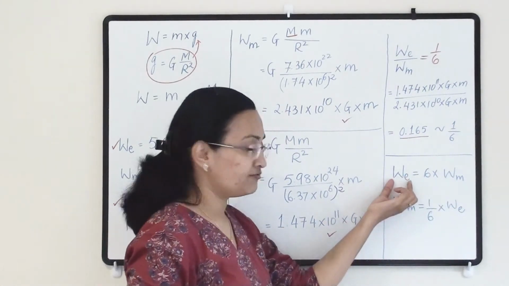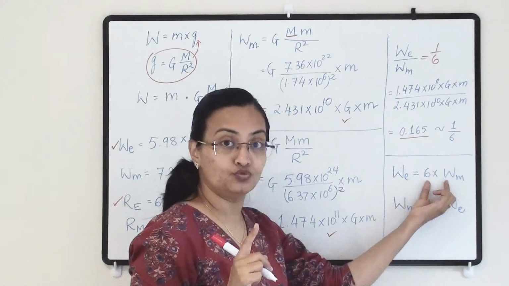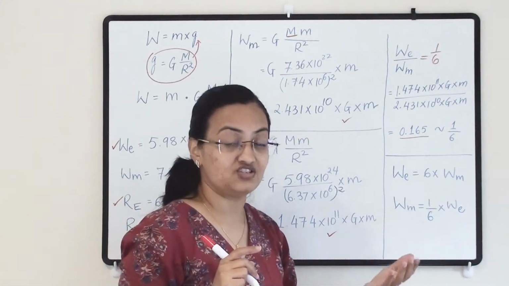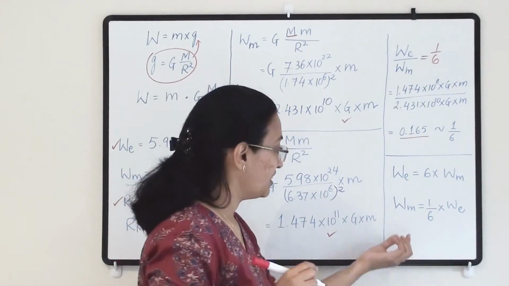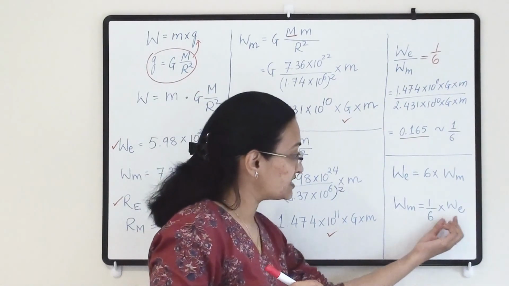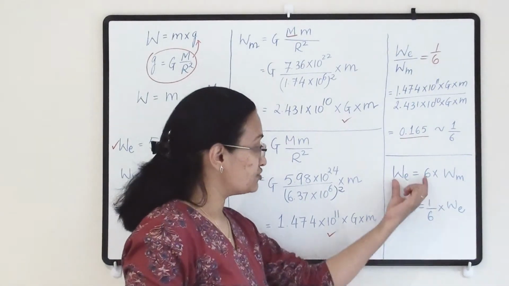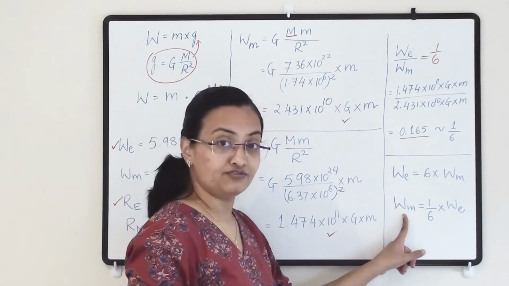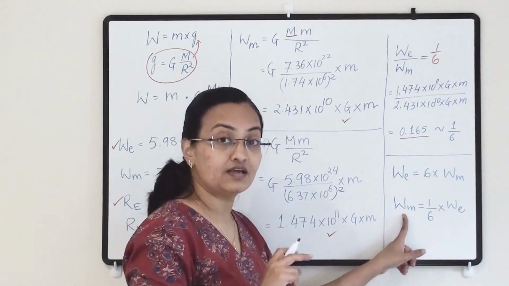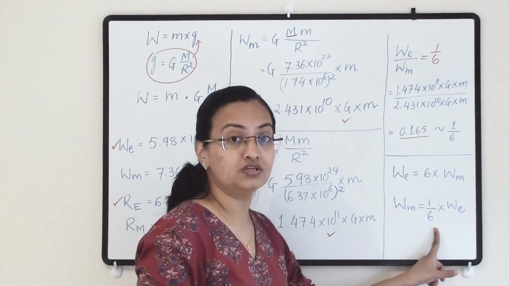For example, if the weight on the earth is 1 kg, then on the moon the weight will be 6 kg, 6 times higher. Here weight on the moon equals 1/6 into the weight on the earth. So both ways it is true that whatever weight, if there is a 6 kg weight on the moon, then we see only a 1 kg weight on earth.